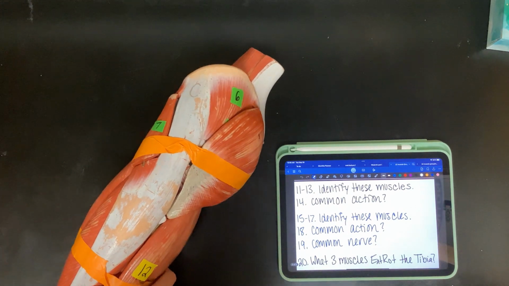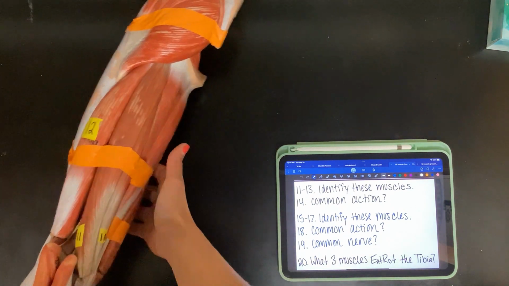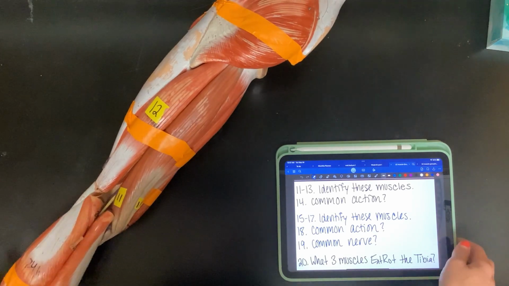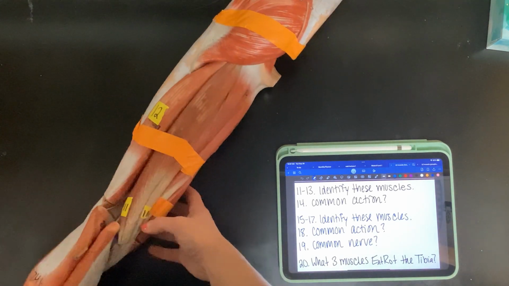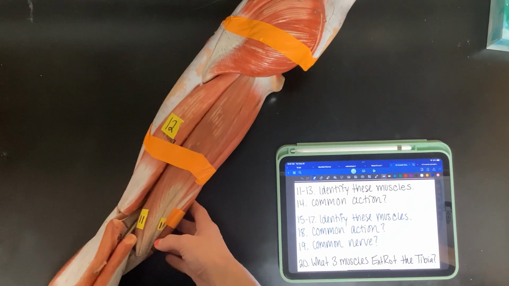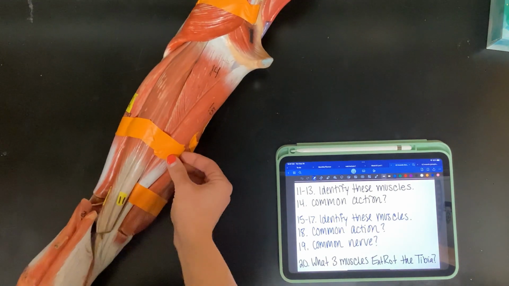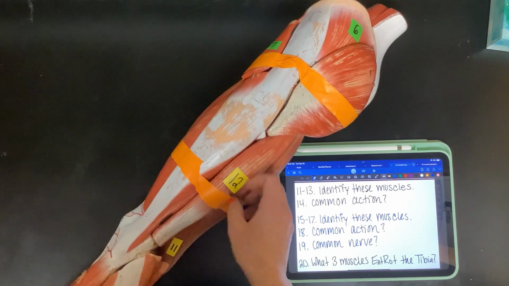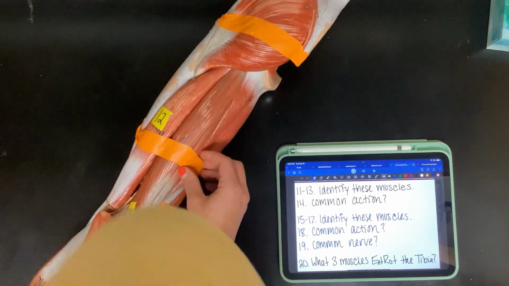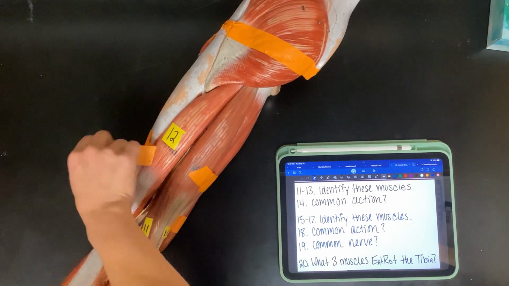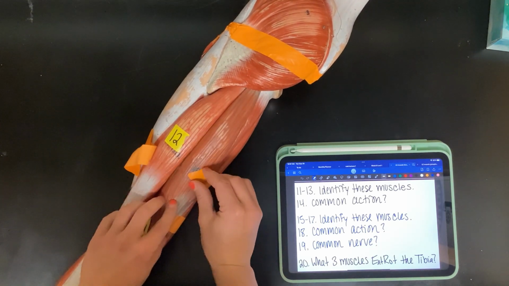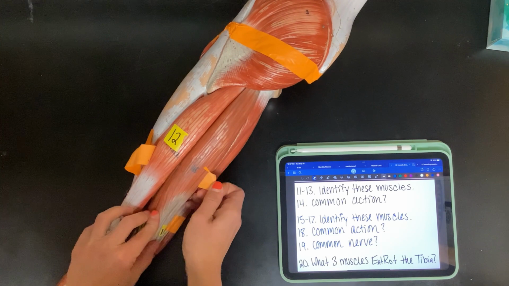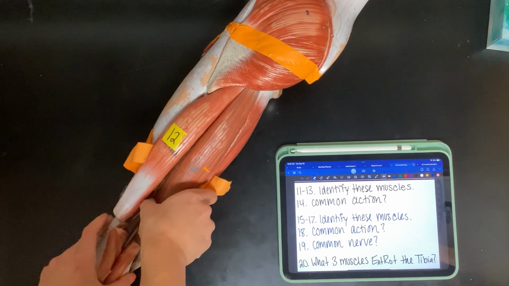Next we have 11, 12, and 13. So we're moving more distal on the leg now. Here we have 11. If I take this tape off, I can show you the rest of the muscle.